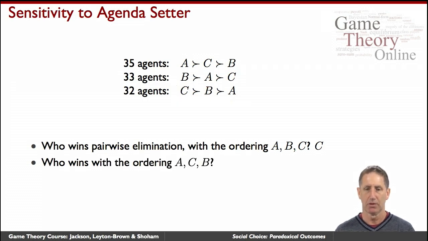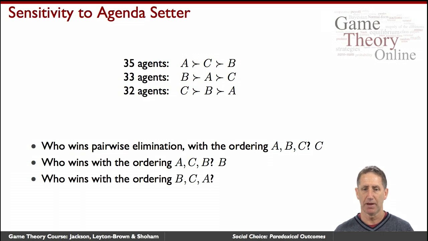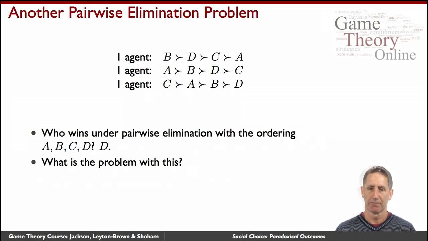What happens with another ordering, like ACB? Again, you might want to pause the video, and by the time you resume, you'll realize that in this case B would be the winner. And perhaps not surprisingly, when you ask about the third ordering, BCA, you'll see that A would be the winner. So it's a little disconcerting that the same voting scheme, merely by deciding on the order in which you run it, will lead to very different results.